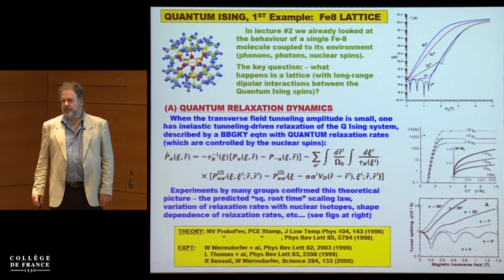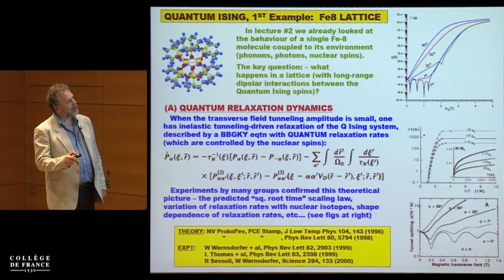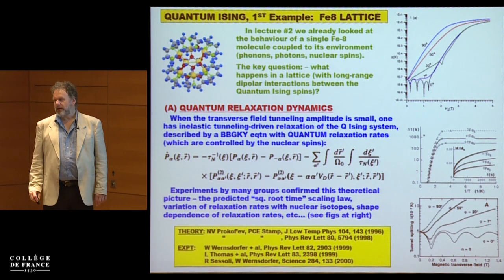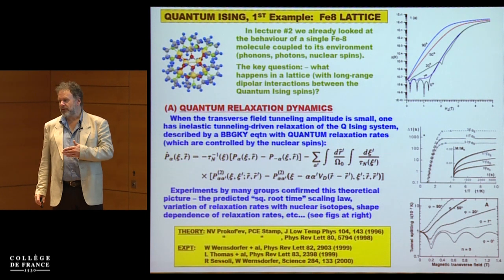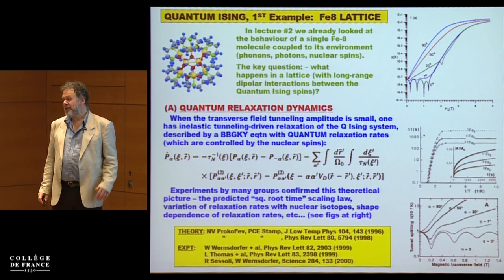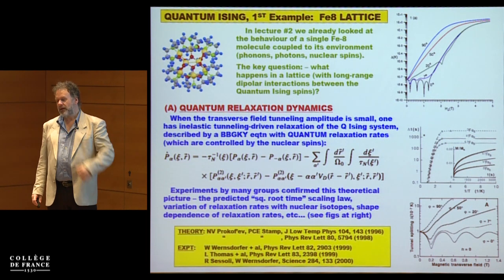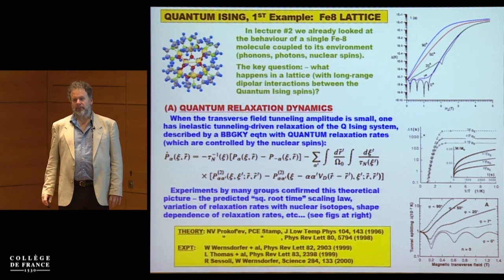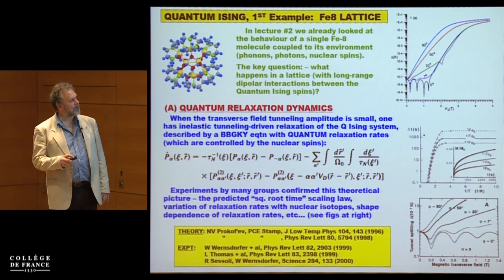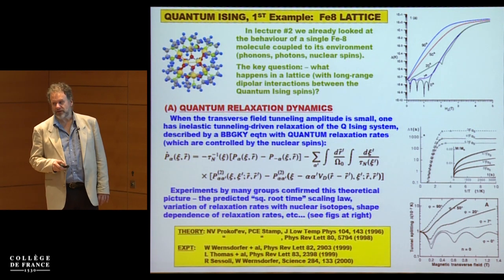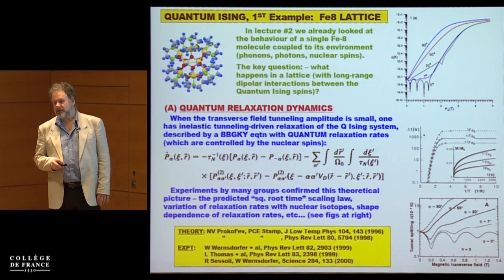Now, there are two regimes of interest. One is where the effect of the bath is so strong that coherent tunneling can never occur. And in that case, we'd simply get quantum relaxation. We get inelastic tunneling occurring. For this system, it turns out that the spin bath is much more important than the phonon bath, and so the dynamics is controlled entirely by the spin bath. So this is actually the analog of a Boltzmann equation for qubits.